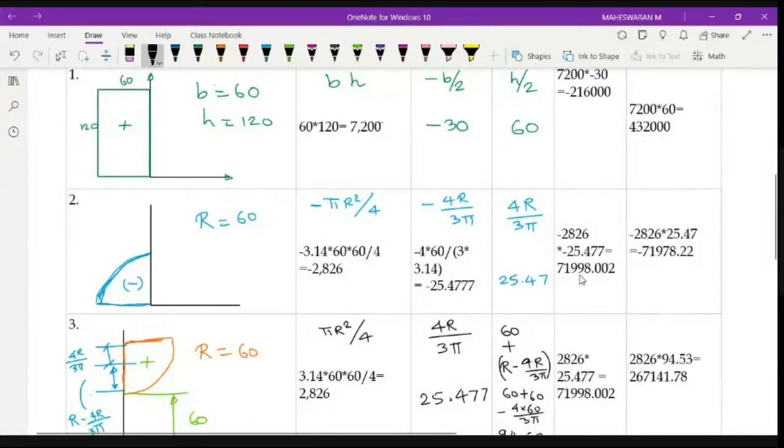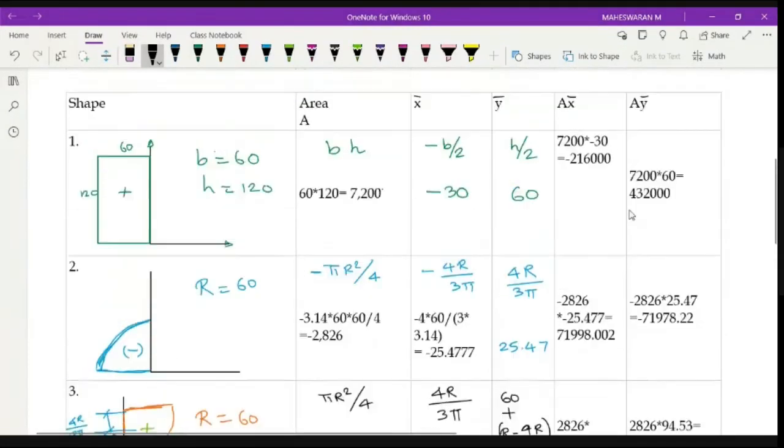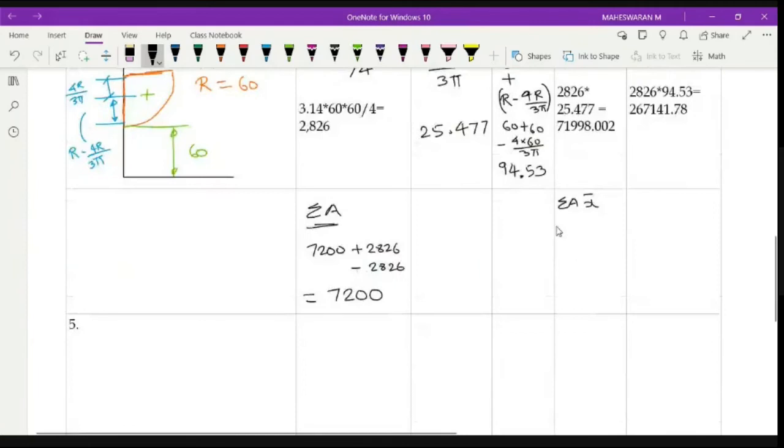This is negative, this is positive, both are positive, right? With a minus into minus, plus. Okay. So minus 21600. Minus 21600.